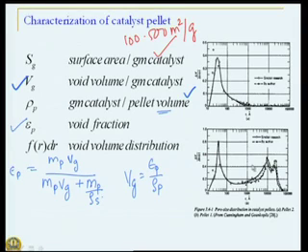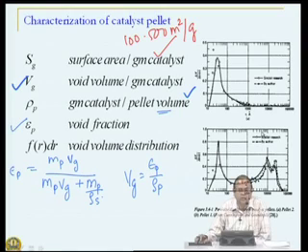So, this is a bimodal distribution. So, we have macro pores and we have micro pores. So, that is also a possibility. So, this is how we typically characterize the catalyst pore.